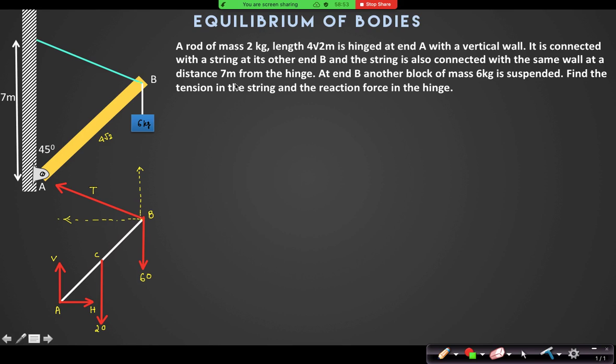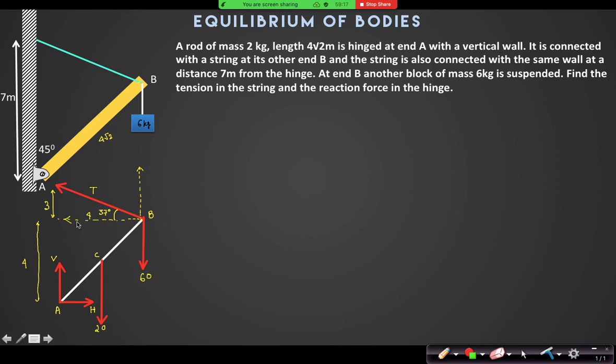It's 4 root 2 meter. 4 root 2 cos 45 is 4. So if this is 4 meter, and out of 7, if 4 is there, so this is 3 meter, and this is also 4 meter, 4 root 2 sin 45 degree. So I can say this angle is 37 degree.